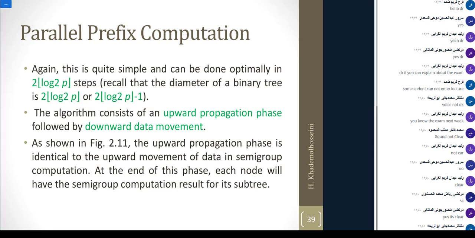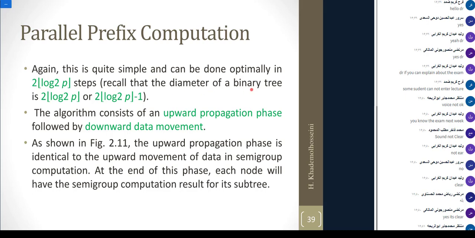Now we want to talk about parallel prefix computation on a binary tree. Again, this is quite simple and can be done optimally in 2 log p, base 2, steps, which is the lower bound. Why this number?